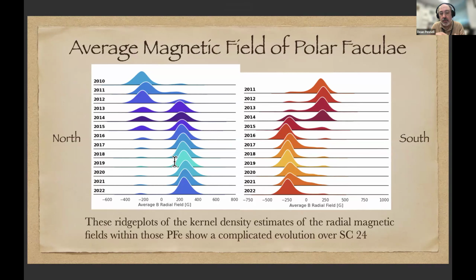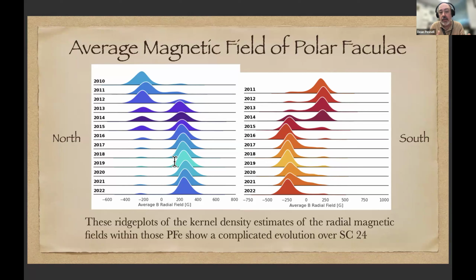And so we don't have to go and measure the field at all points. We just have to measure the field where the faculae are. So we use the identified faculae to go in and extract the vector magnetic field from the HMI data. And for this example, we're just going to plot histograms that are then smoothed into kernel density estimates of the various components of that field.